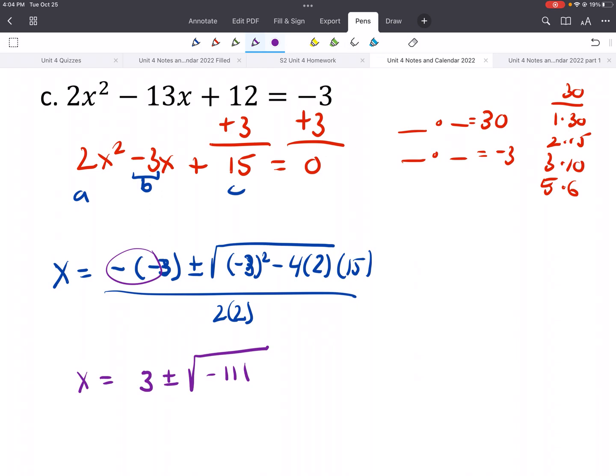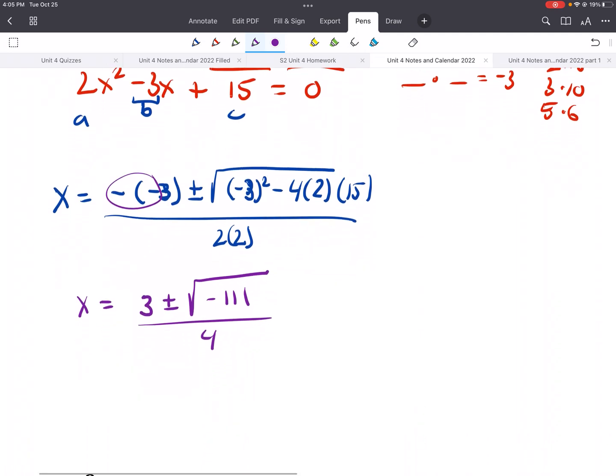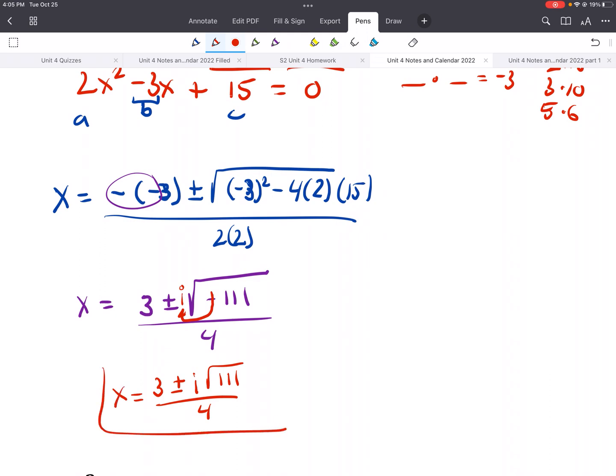Yep, can't be simplified. Okay, so the only thing that we can simplify is that negative inside, make it be i. So that's our answer, 3 plus or minus i square root of 111 over 4. Can't simplify the fraction. Okay, I hope I got that right.